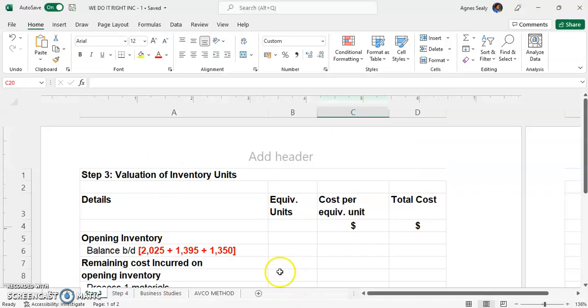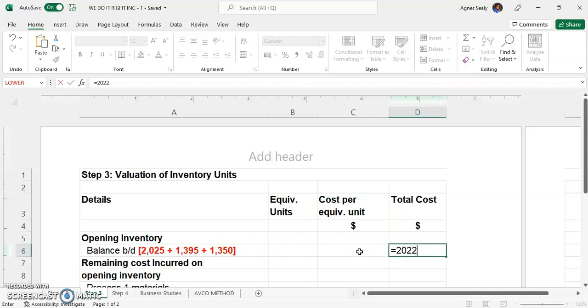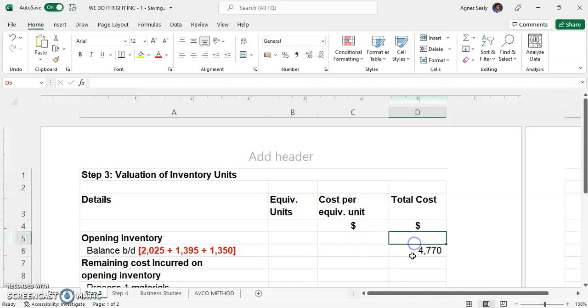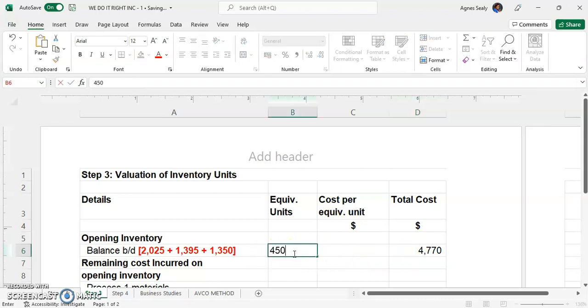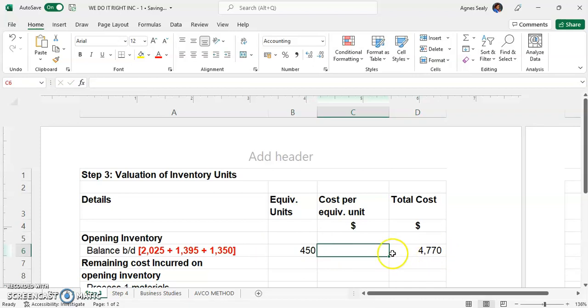Here I already have a calculation. My opening inventory, my balance brought down, would be the $2,025 plus the $1,395 plus the $1,350. When I add these together, that gives me an opening inventory value of $4,770.